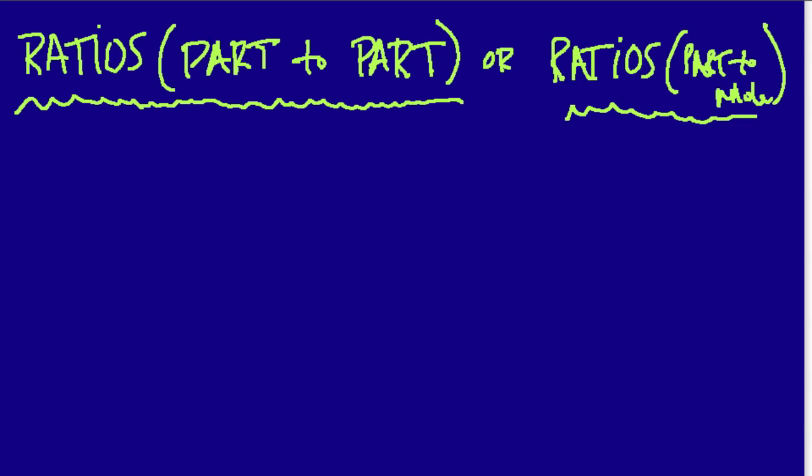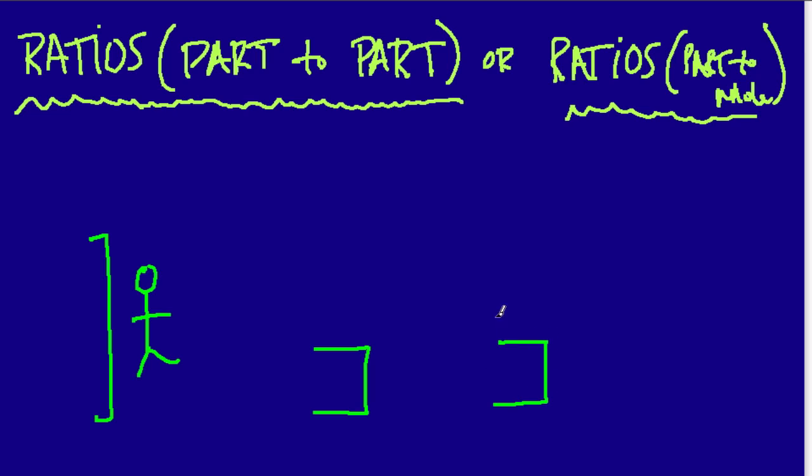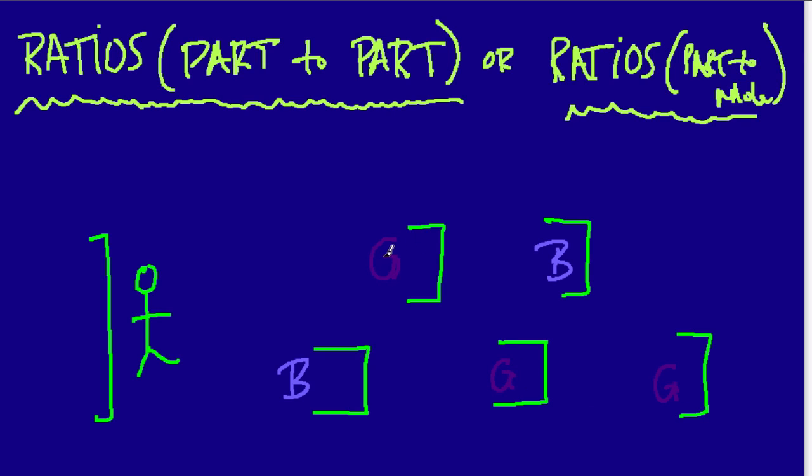So let's say we have a classroom, right? Here's the teacher teaching, and we've got a couple of students in the room. Here are their very nice chairs, right? And they're sitting. And we've got a boy over here, a boy over here, and then we've got 1, 2, 3 girls over here.